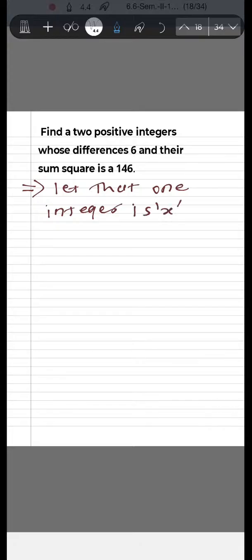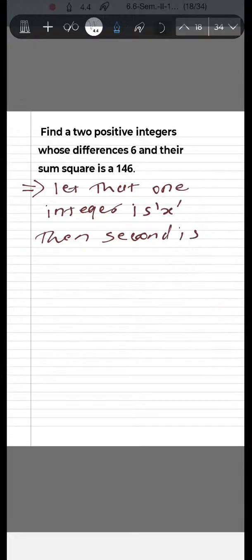That one integer here I am going to take as x. Okay, so the other, what it said, the two positive integers, we don't know what is that next integer. So if one is x, then the second will be x plus 6.